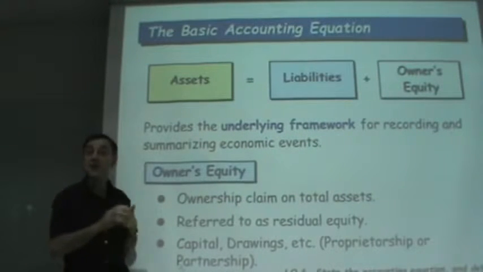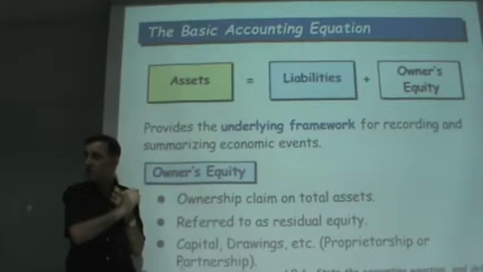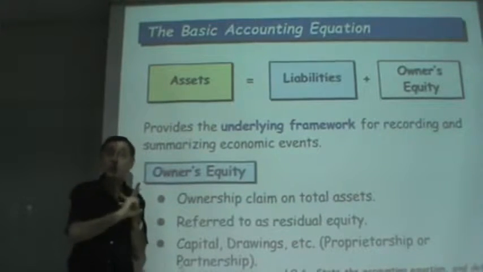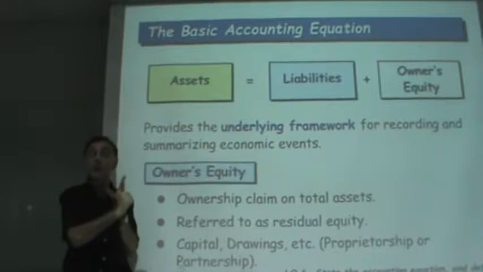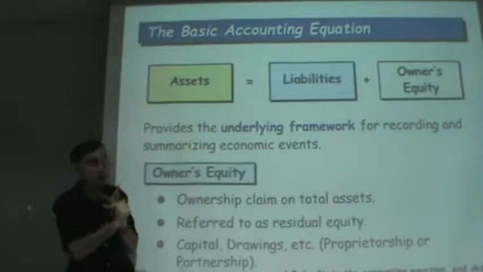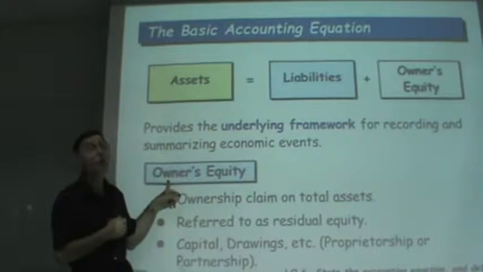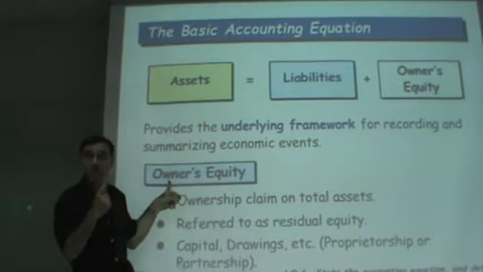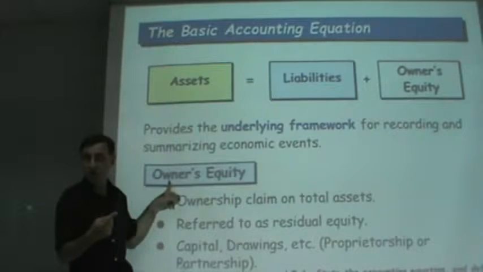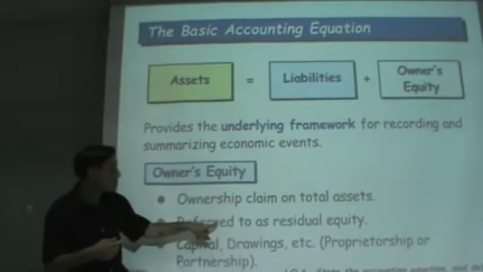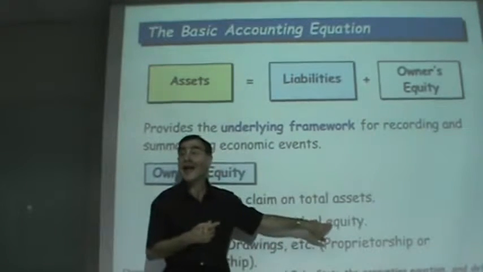It is represented by shares, or by stock, or by what we called before partnership shares, or partnership ownership, okay? Or sometimes, if it's one person, proprietorship, okay? So, it refers to residual equity.